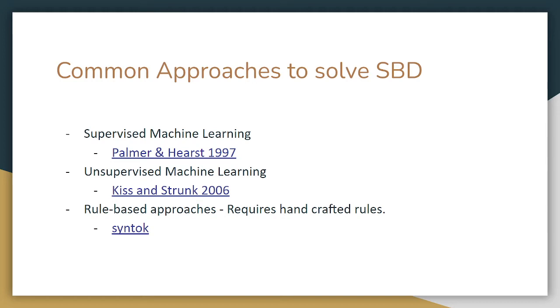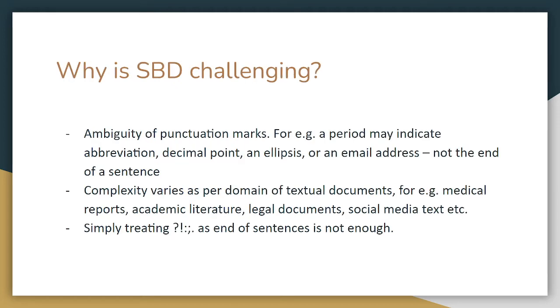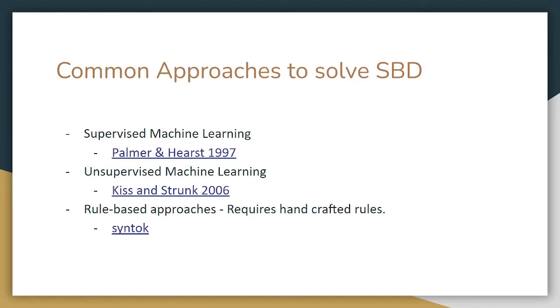One common challenge, for example, is that a period can indicate an abbreviation or decimal point, an ellipsis, or an email address, and not necessarily the end of a sentence. So how do you make sure that your NLP engine takes into account all of these different occurrences and splits the sentence correctly? That is one of the preliminary challenges.